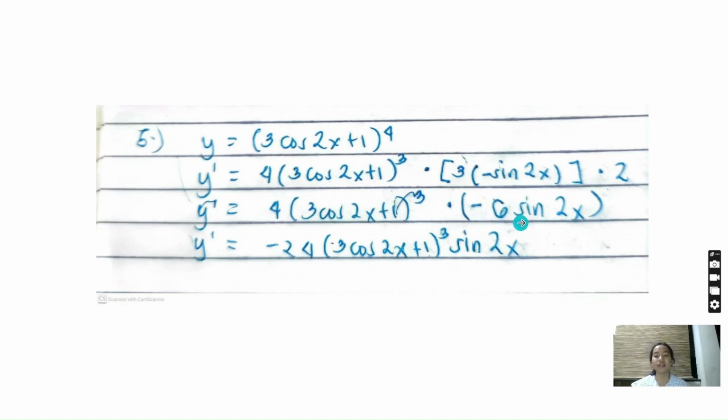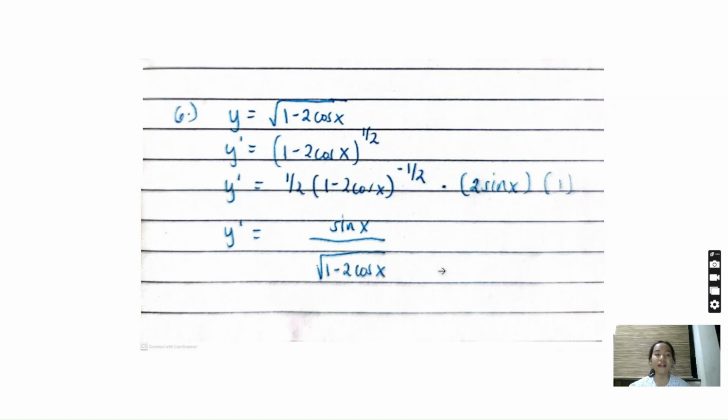Negative 6 times 4, that is negative 24. And then I just copied 3 cos 2x plus 1 to the third, and then sine 2x. So our answer is negative 24 times the quantity of 3 cos 2x plus 1 to the third times sine 2x.